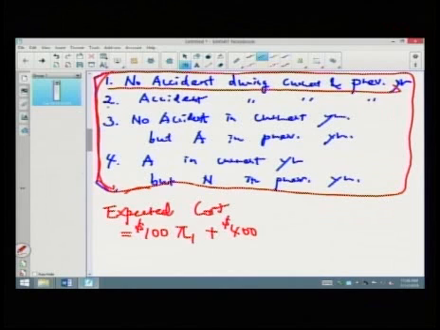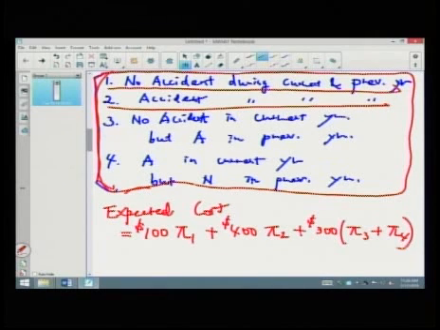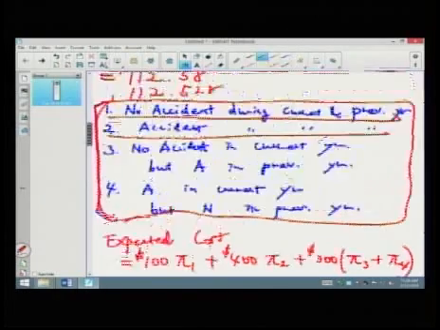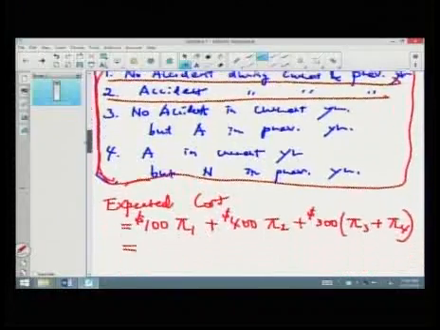You multiply by pi 2. How about $300? Pi 3 multiplied, pi 3 plus pi 4. Is that very easy? At this stage, I believe you're going to have about the same value as earlier, $112 and 50 something.